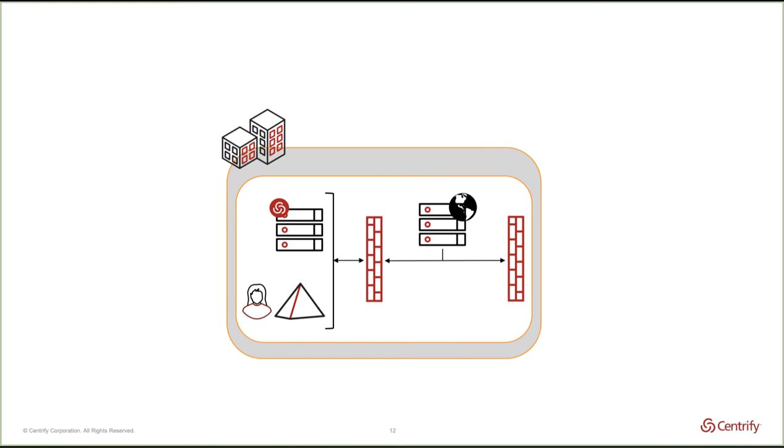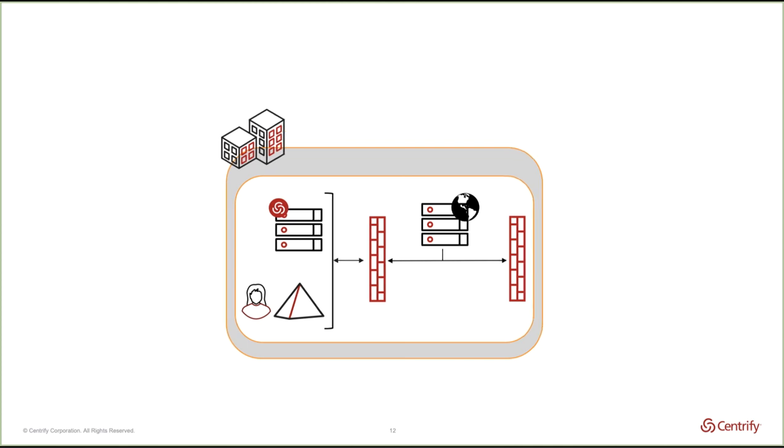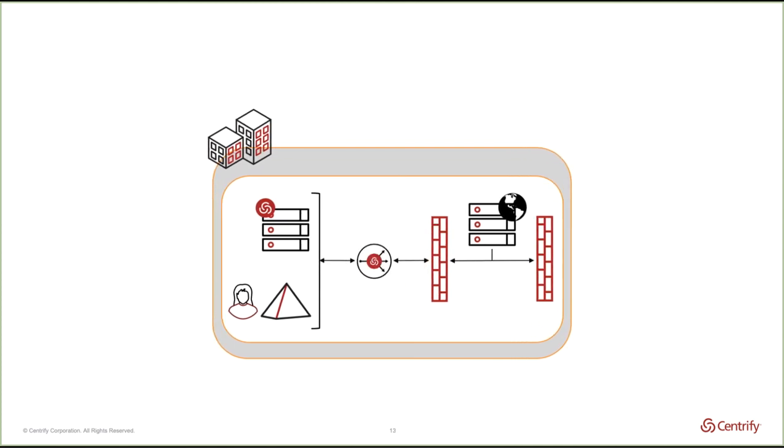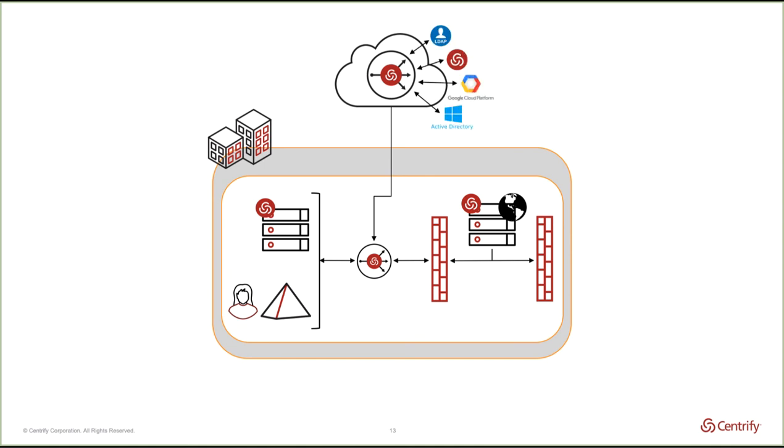It transpires that the solution I just described for the cloud-based use case works identically for this one as well. The servers in the DMZ don't need to join AD. They instead join to the Centrify cloud platform, which in turn securely communicates to Active Directory inside the corporate network via the Centrify Gateway Connector, or the other directories I mentioned earlier.